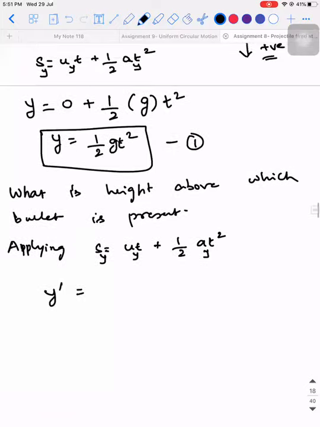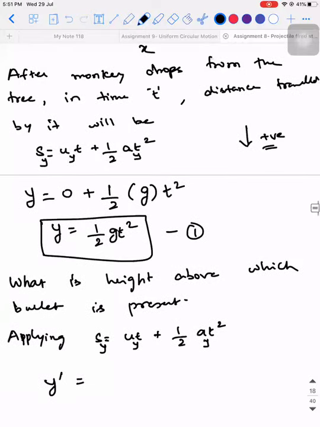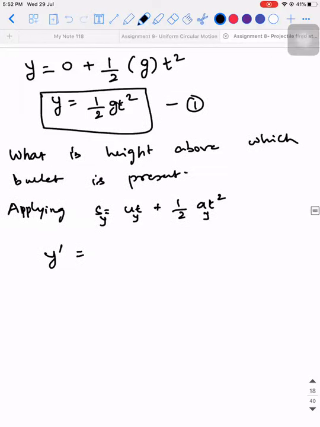What is uy? For the projectile, what is uy, guys? We have applied it many times. It is u sin theta into t plus half into, what is the acceleration the bullet is undergoing? g. It is minus half gt square.